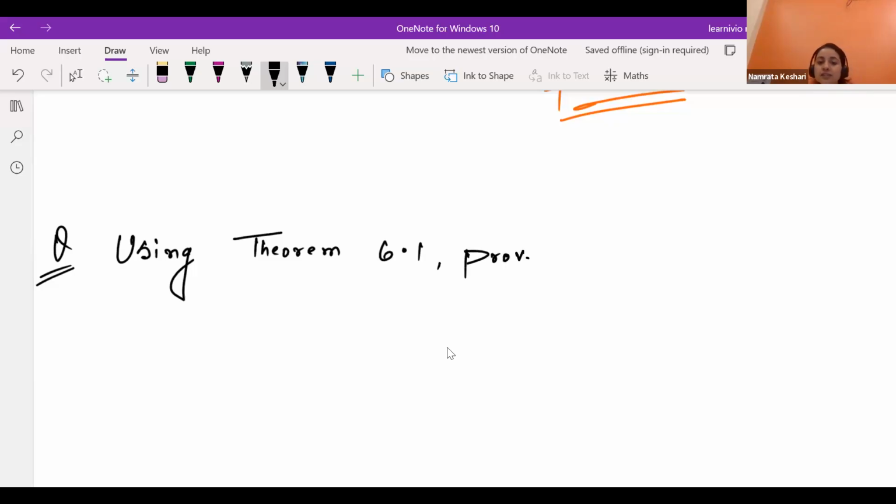That means it's asking us to use the basic proportionality theorem to prove what?